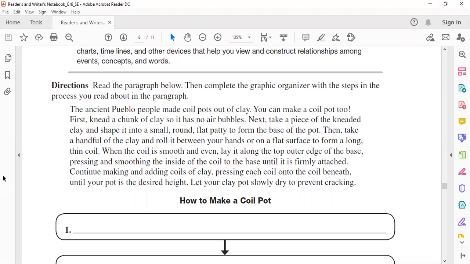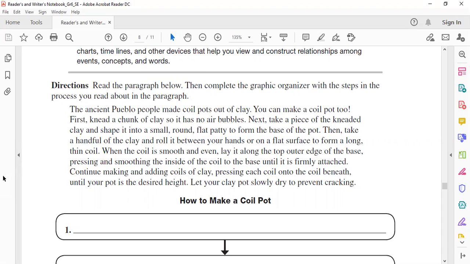Then take a handful of the clay and roll it between your hands or on a flat surface to form a long, thin coil. When the coil is smooth and even, lay it along the top outer edge of the base, pressing and smoothing the inside of the coil to the base until it is firmly attached.